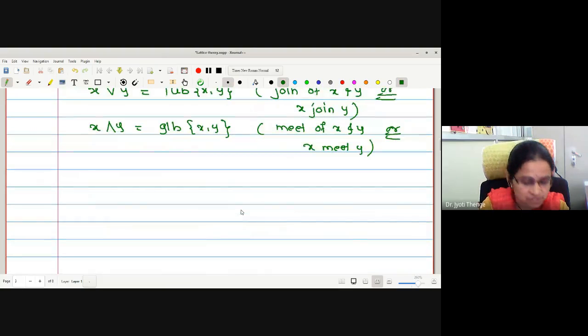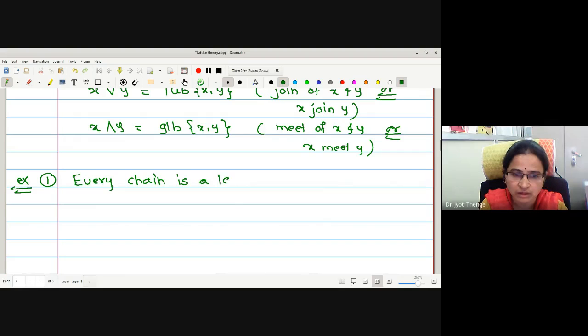The first example is: every chain is a lattice. What is a chain, which we have seen just now? Every totally ordered set, that is, every two elements are comparable.